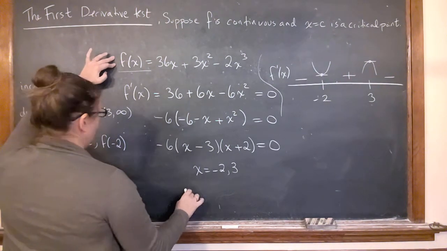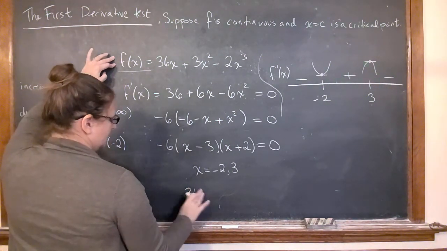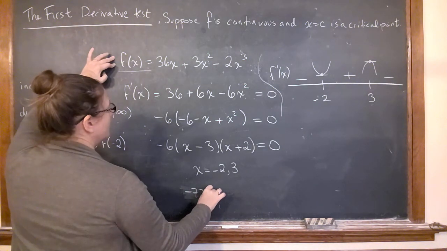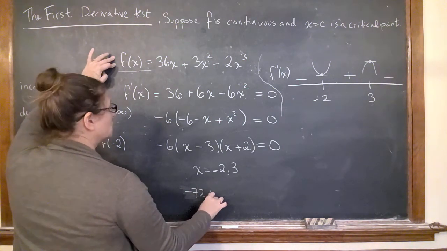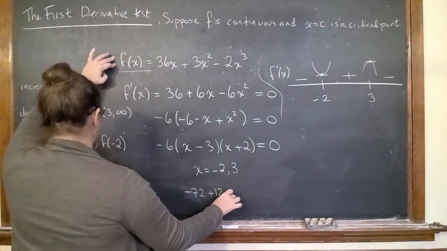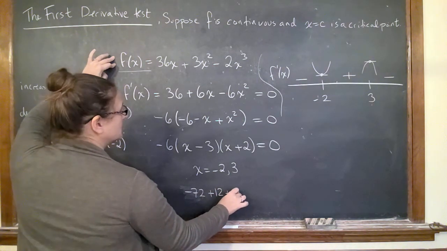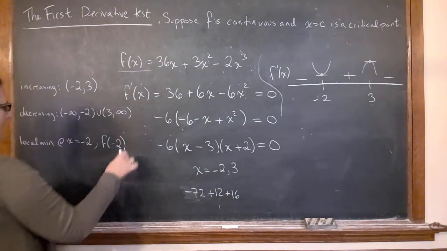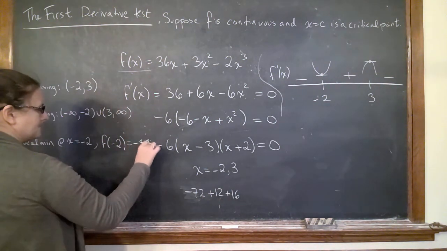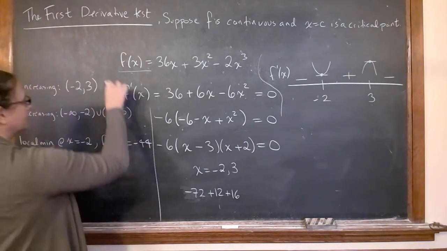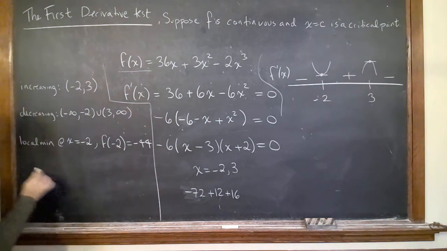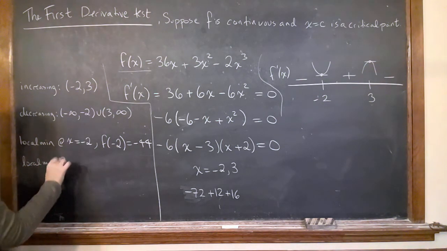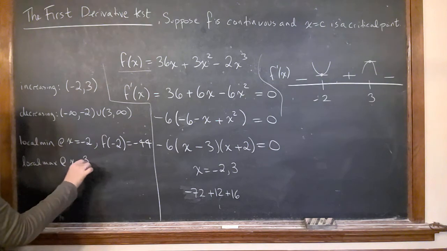So let me see what I have here. I've got 36 times -2 is -72, and then plus 12, and then minus a negative gives plus 16. Oh, this is -44. And then my local maximum happens at x equals 3.